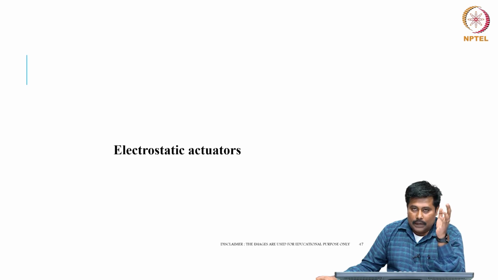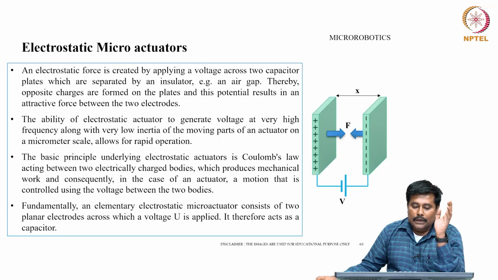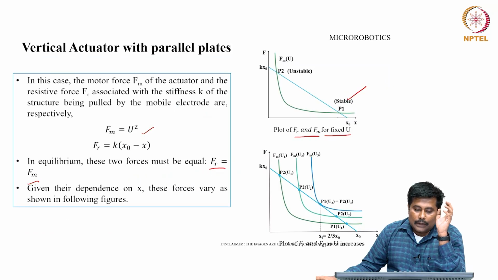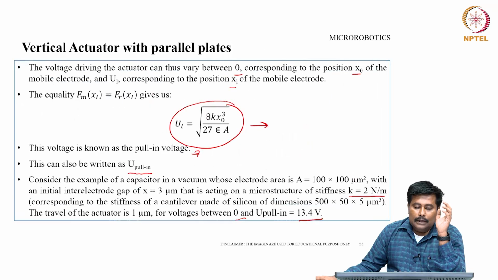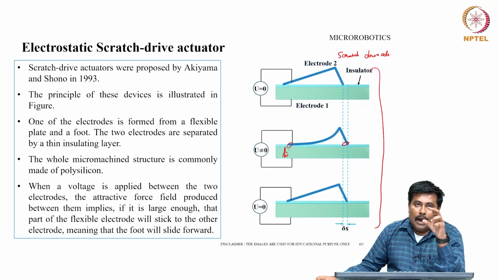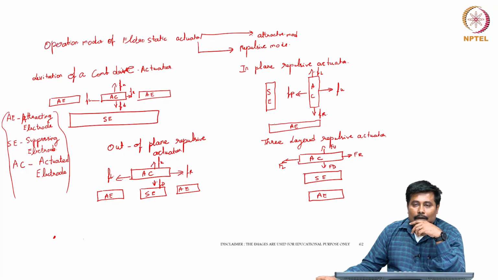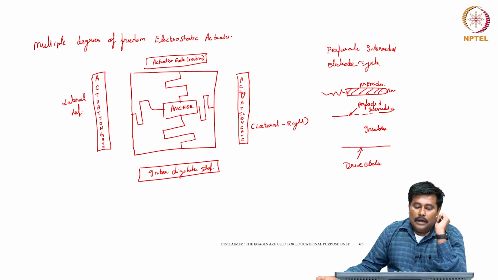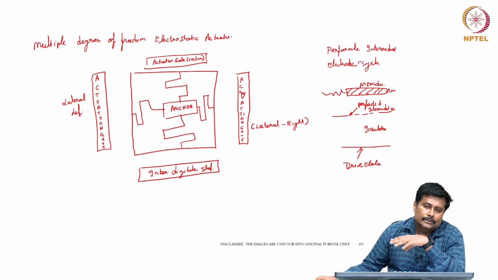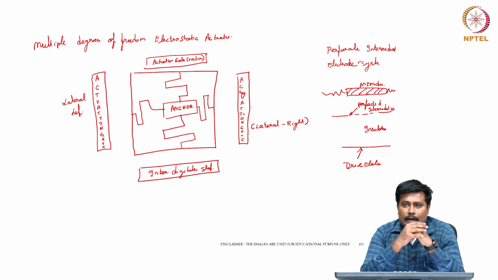So we also had a discussion about the electrostatic actuator, the different configurations of electrostatic actuator, a vertical actuator with a parallel plate, then a linear actuator, a lateral actuator with a parallel plate. We had a discussion about scratch drive actuators, about the different operation modes of electrostatic actuators, and the different types of electrostatic actuators which are being integrated in a customized system.